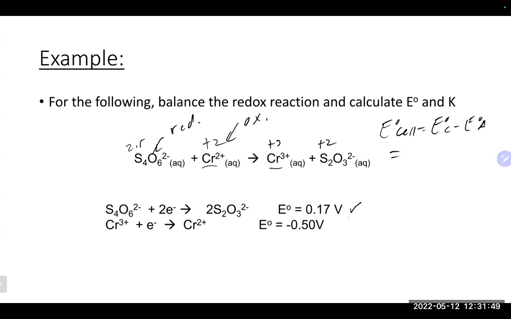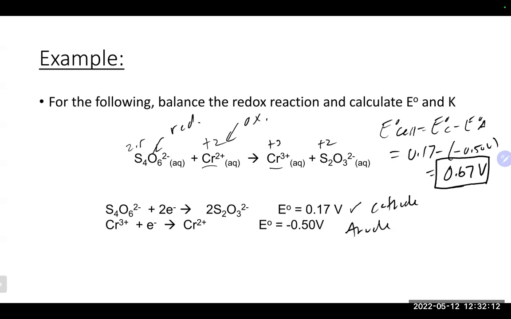In this particular case, this guy being our cathode and that being our anode, we would take 0.17 minus a minus 0.5 volts. So we're basically going to add those together, and that gets us 0.17 plus 0.5. Gets us 0.67 volts in this case. Any questions up to there?